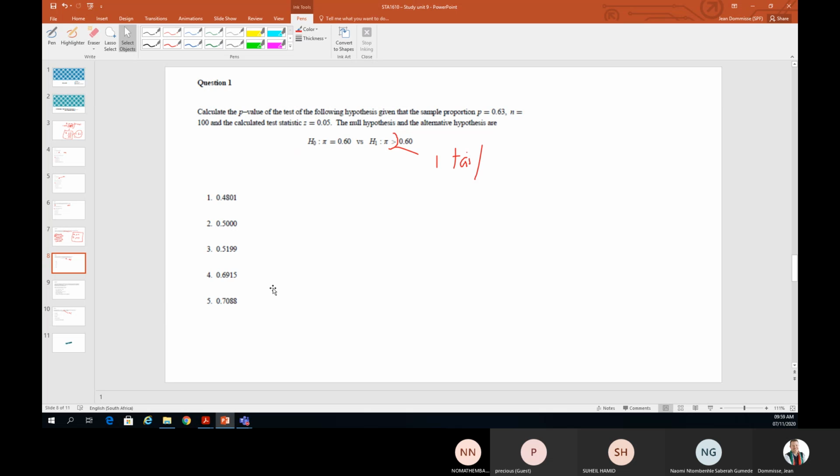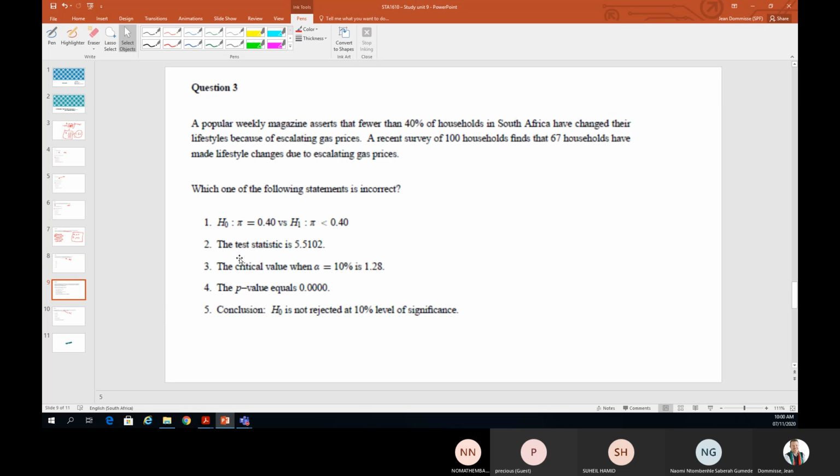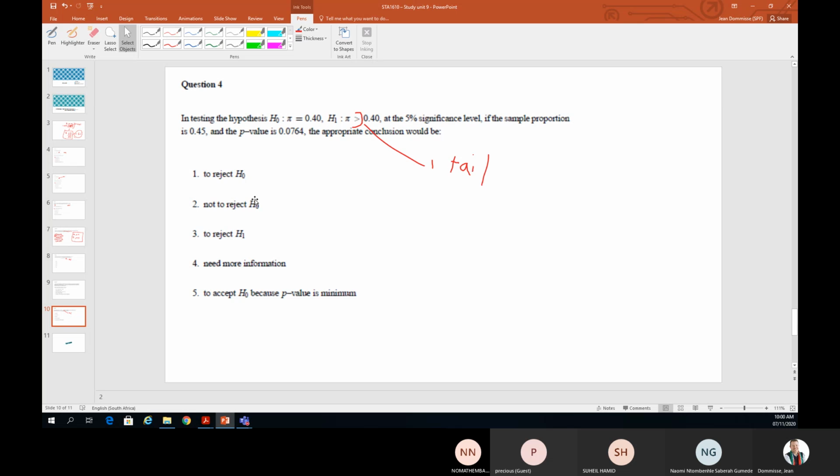Here they ask us straight for the p-value. Here again, ask us if that is correct. Ask us to work out the test statistic, critical value, p-value, make a conclusion. And here they're basically asking us a lot to calculate if we make the right conclusions.